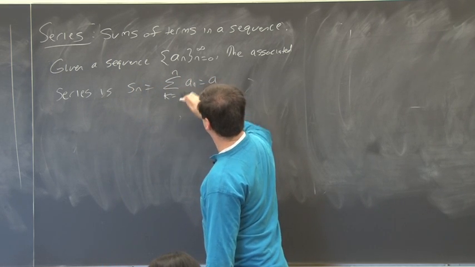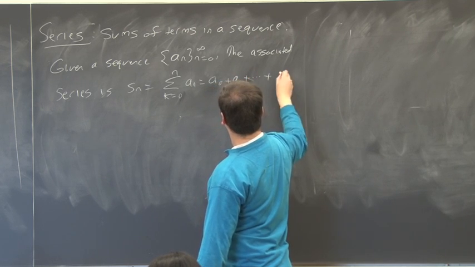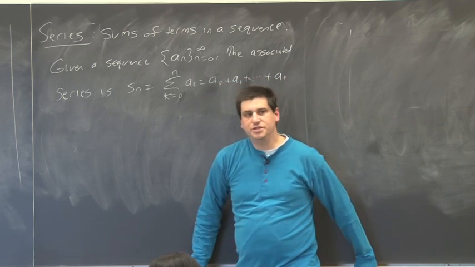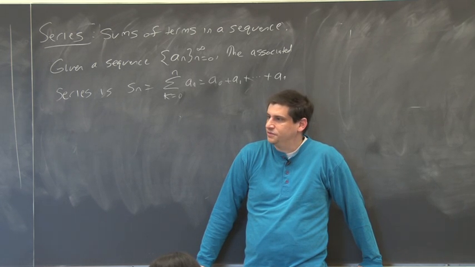So I guess I'm doing it from 0. So a0 plus a1 plus an. So it's the sum all the way up to the nth term of the sequence.